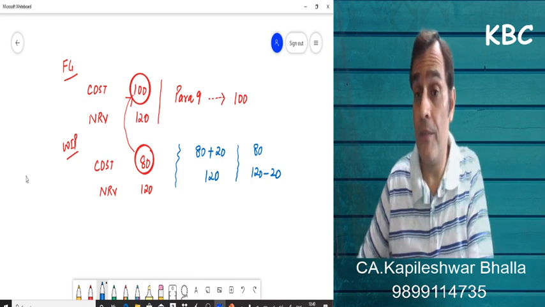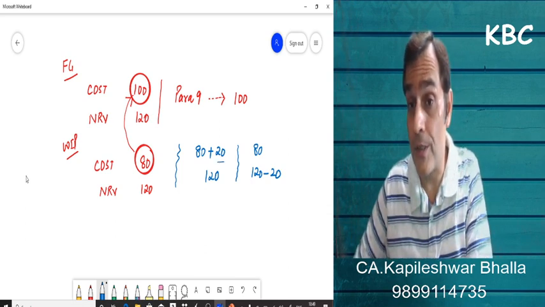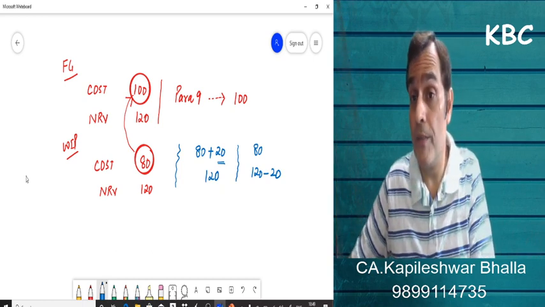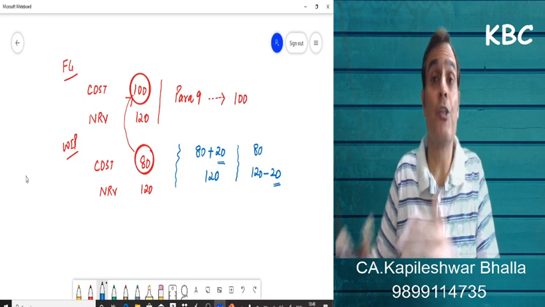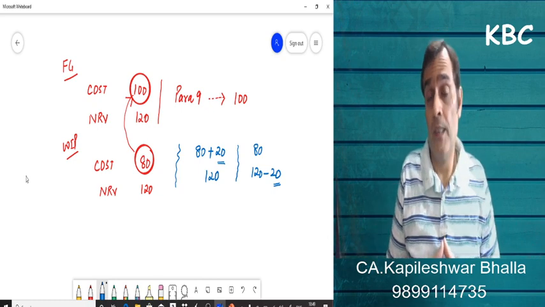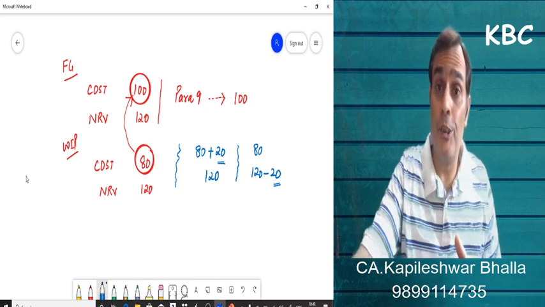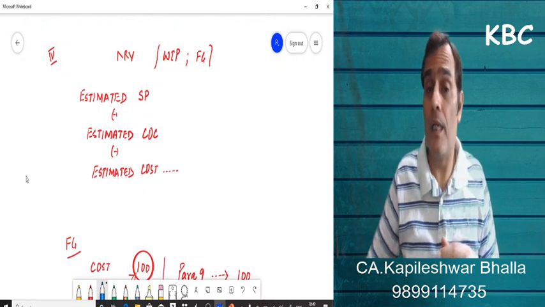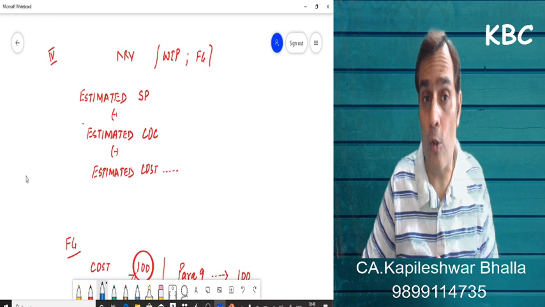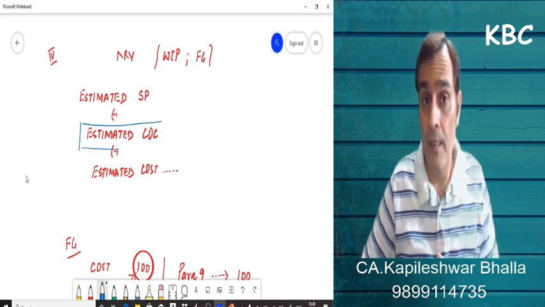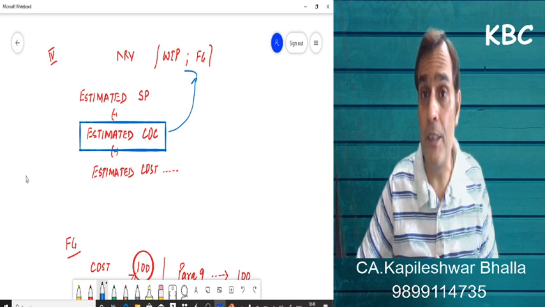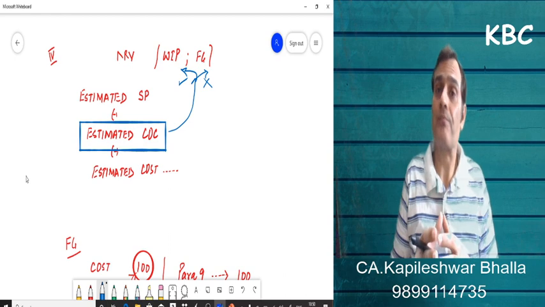So one alternative is that you add 20 to the cost so that it becomes comparable to 120, or the other alternative is you reduce 20 from NRV so that it's comparable to 80. Now, based on this logic, you can see that when we're looking at the concept of NRV, we are reducing this estimated cost of completion. But this estimated cost of completion is to be reduced only in terms of WIP, not in terms of FG.